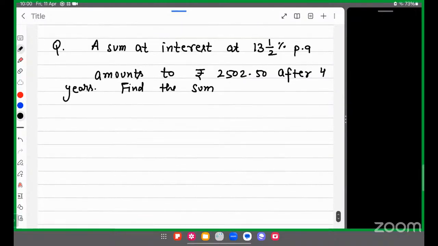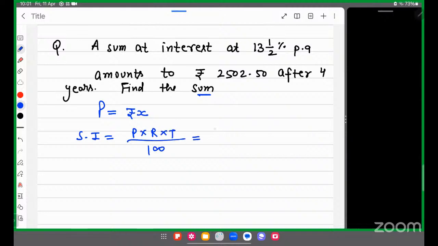Now, what will be the value of sum? I do not know. So let's say principal amount is taken as X. According to the question, what will be the interest on this amount in 4 years? This will be P into R into T by 100. So P is X, interest rate is 13 and half. 13 and half will be how much?